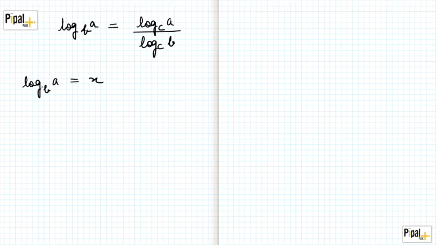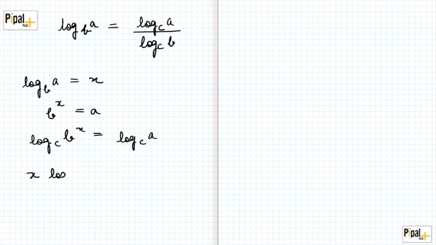equal to x. Now because this is equal to x, I can say that b to the power x equals a. Now let's take log base c on both sides, the log base c of the left hand side and the log base c of the right hand side. So we get log base c of b to the power x equals log base c of a. Now I can bring this x out. I get x times log base c of b equals log base c of a, and x was nothing but log base b of a.